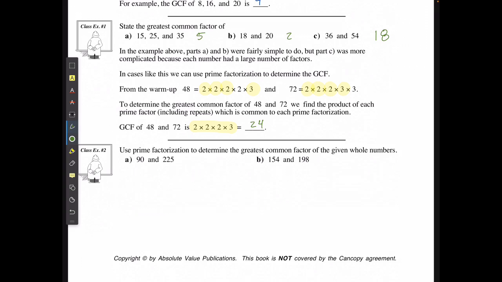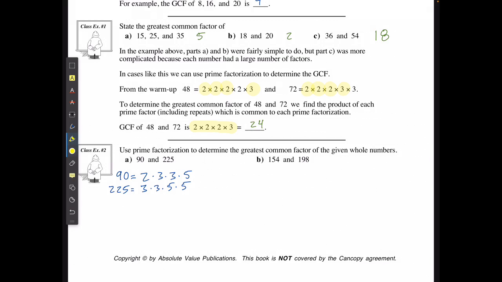If I'm taking the prime factorization of 90, the 90 is going to be the same as 2 times 3 times 3 times 5. 225 is going to be the same as 3 times 3 times 5 times 5.